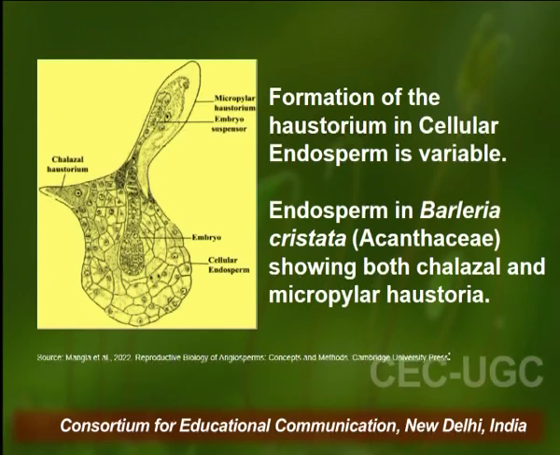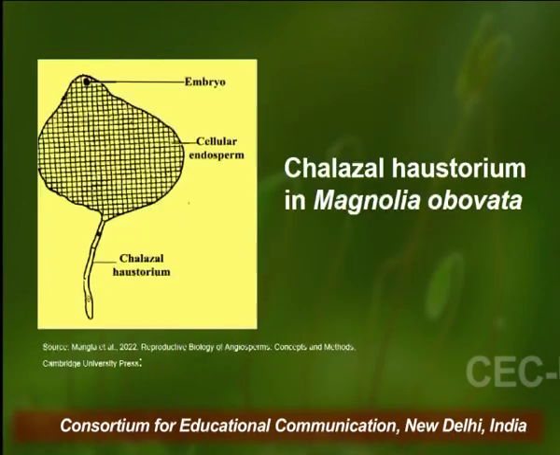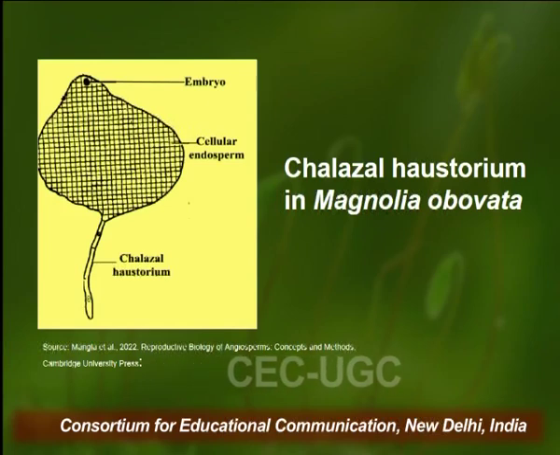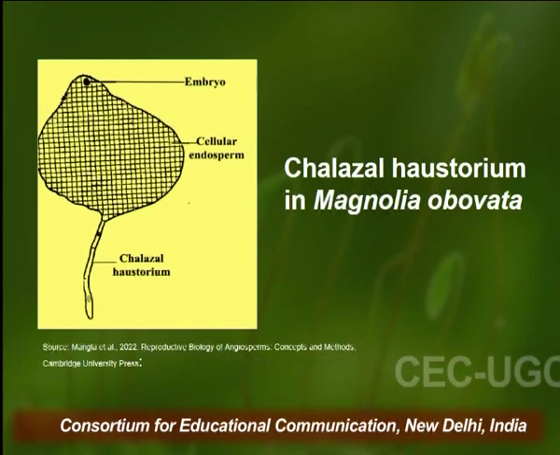This one is endosperm in Barlaria, a member of Acanthaceae, showing both callosal and micropylar Haustoria. This is callosal Haustorium in Magnolia ovovata. You can see there is a thin tube-like structure arising from the cellular endosperm towards the bottom.